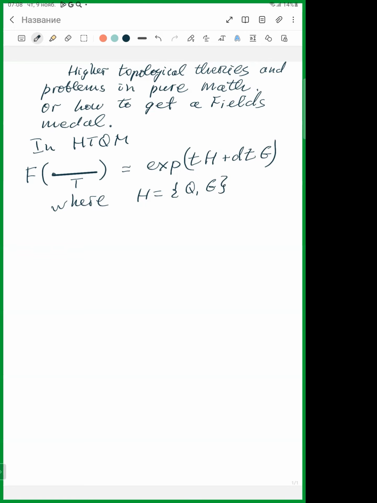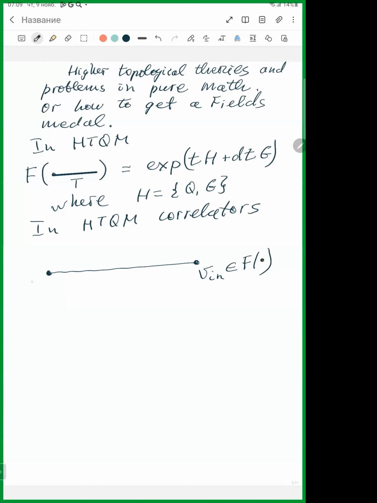Now, let us study in higher topological quantum mechanics the so-called correlator. So here we have V in that belongs to the functor applied to a point.